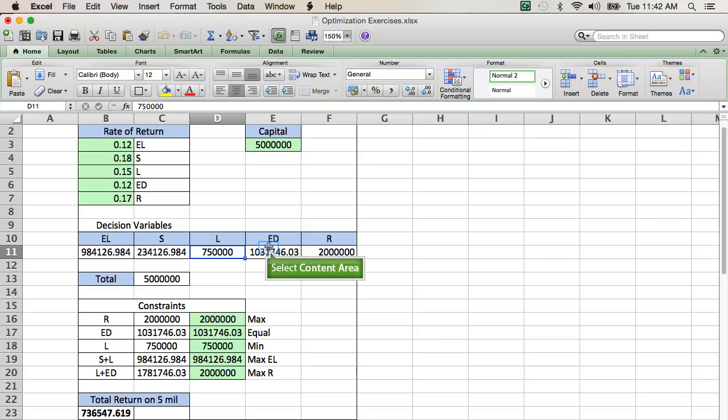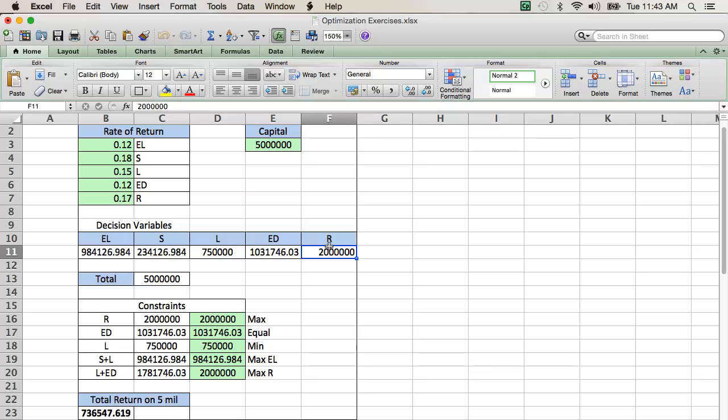So in each of these examples, we can see that by identifying the objective function, the decision variables, and the constraints first, we then can shift our focus to setting up a spreadsheet that has places for all of those 3 core pieces.